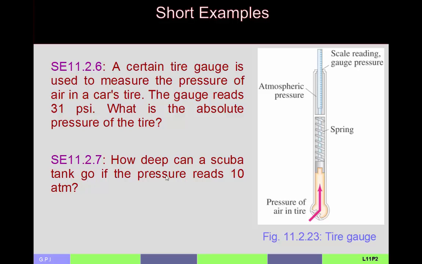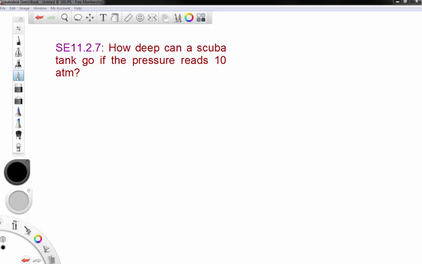Okay, second question, how deep can a scuba tank go if the pressure reads 10 atmospheres? Okay, again, this means that we have P gauge equals 10 atmospheres, or 1,013,000 pascals.